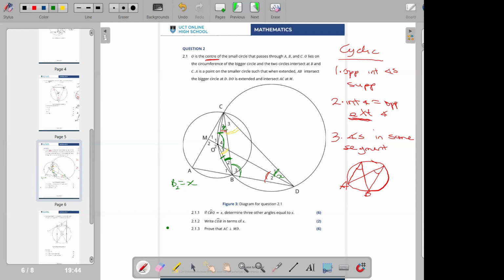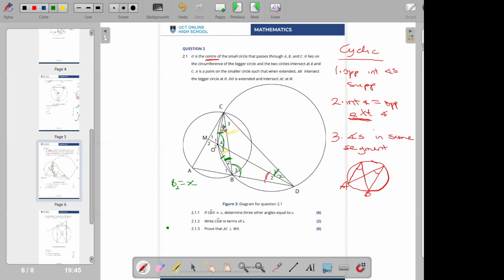Then we state that OC is equal to OB, the reason being the radius of the small circle. Then we state that therefore B2 is equal to C2, which is equal to x, the reason being angles opposite equal sides.